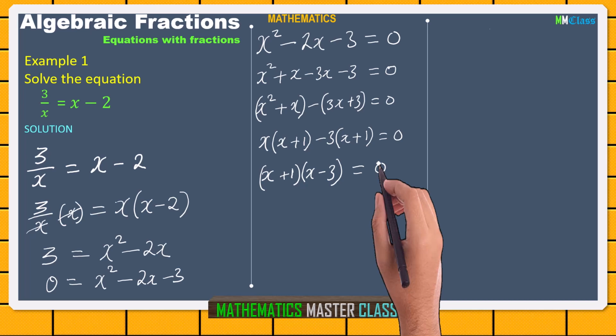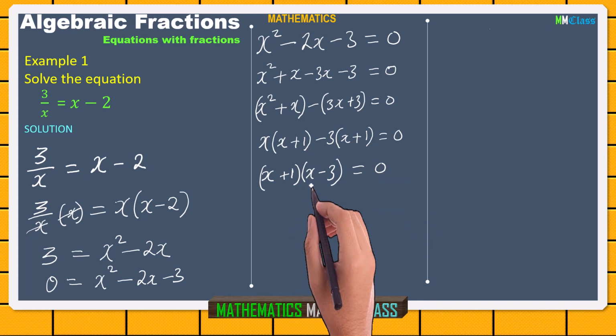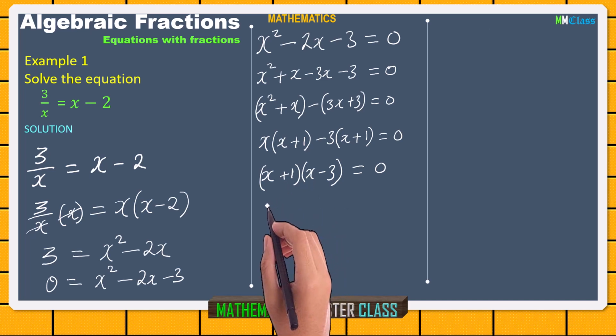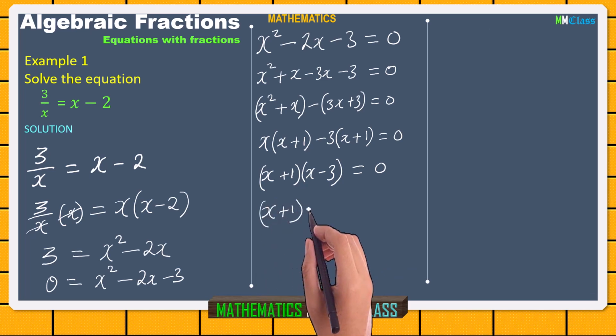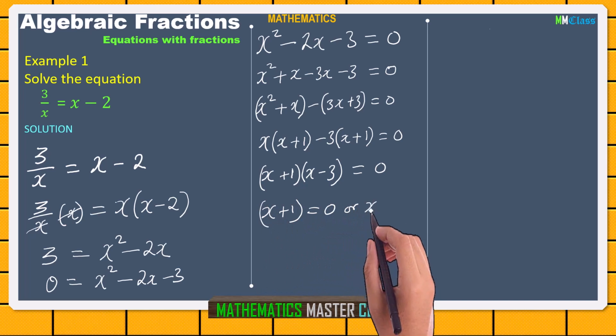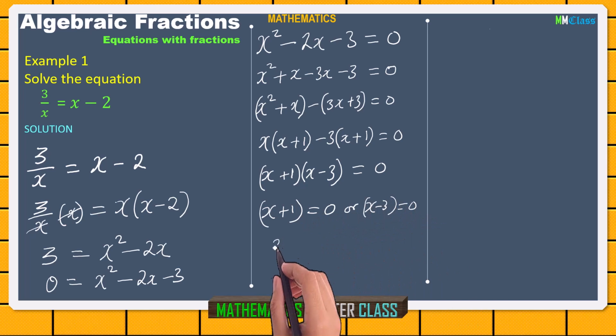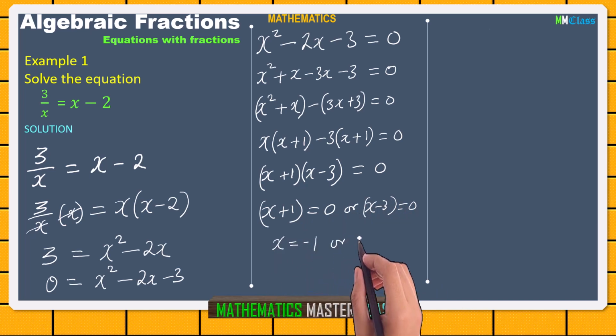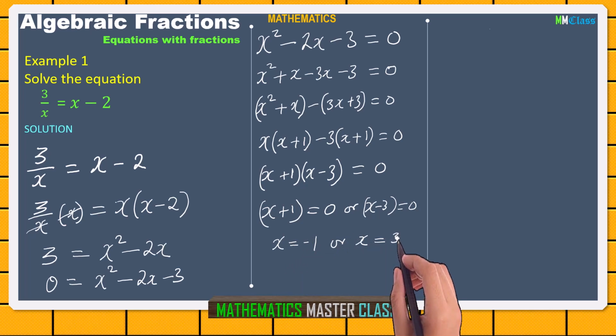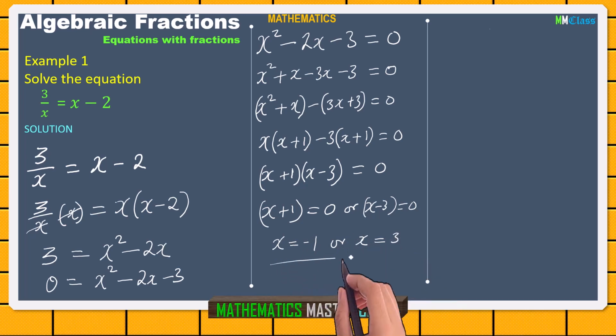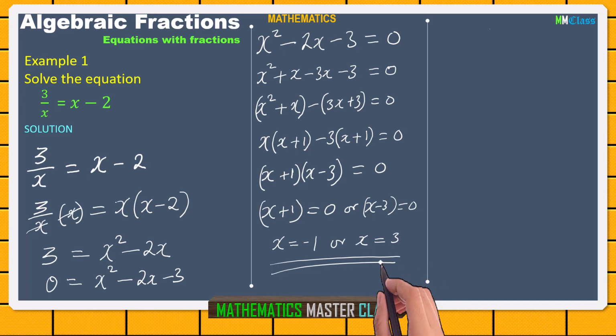So in a quadratic equation, if two things multiply, then one of them is equal to 0 or both of them are equal to 0. So in this case, x plus 1 is equal to 0 or x minus 3 is equal to 0. It then means that x is equal to minus 1 or x is equal to 3. So this is the final answer to this.